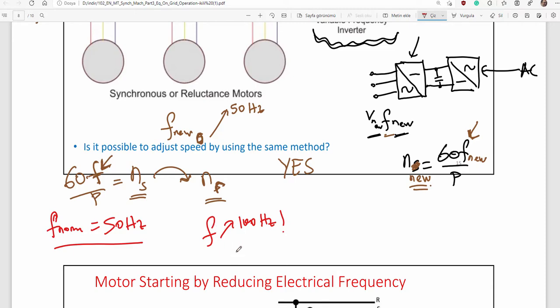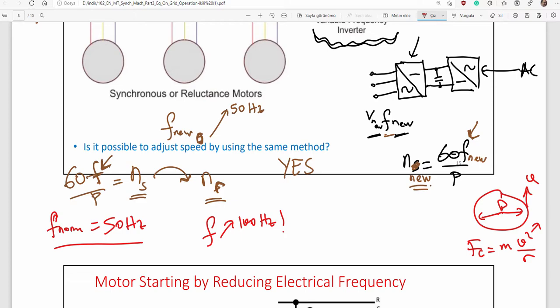It depends on the construction. For example, any salient pole machine must not be forced to a high speed because diameter is very large. Since diameter is very large, tangential forces will be very large, and centrifugal forces will be dramatically large, and those centrifugal forces will damage the rotor.